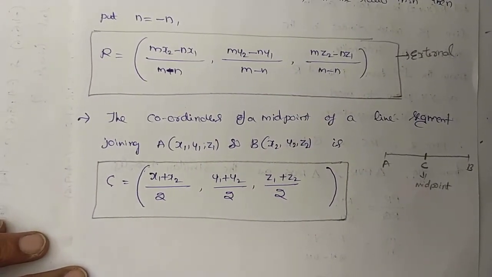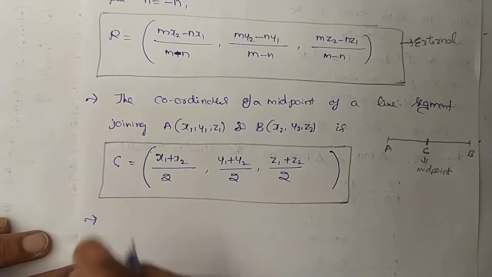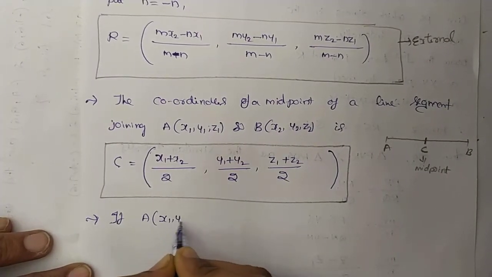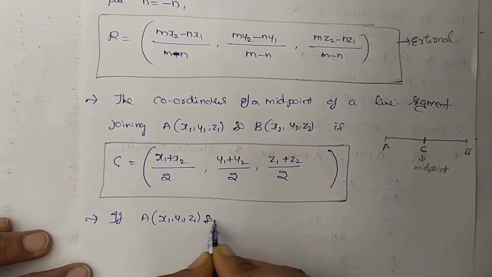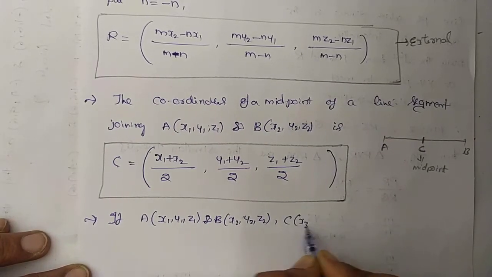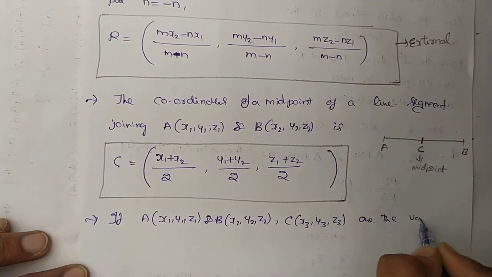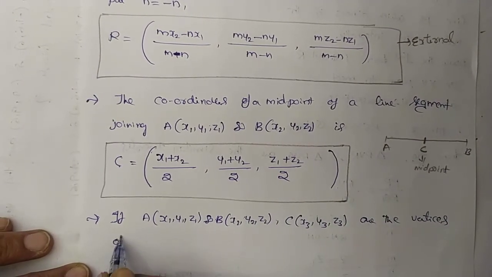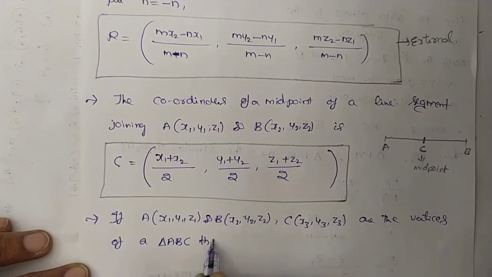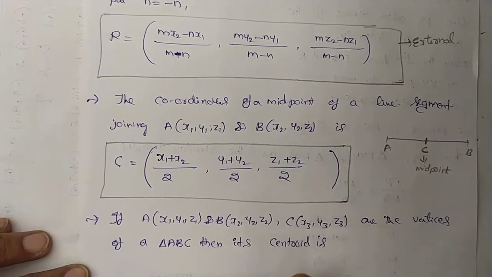What about the centroid of a triangle ABC? If A x1 y1 z1, B x2 y2 z2, C x3 y3 z3 are the vertices of a triangle ABC, then what is its centroid?